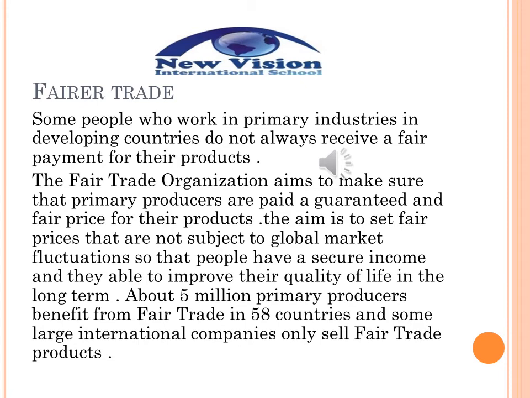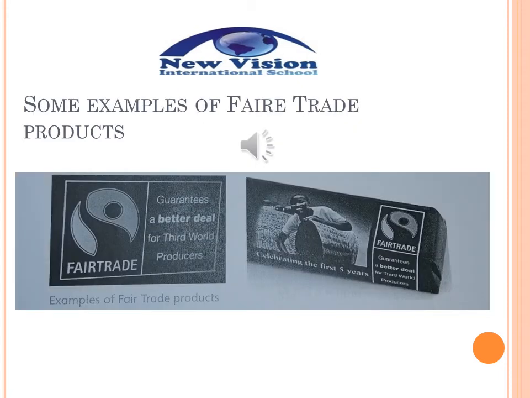In this picture here we have some examples of fair trade products. Some of the most common fair trade products are tea, coffee, sugar, chocolate, and cotton. By buying fair trade certified products, we can help to make the world a fairer place.